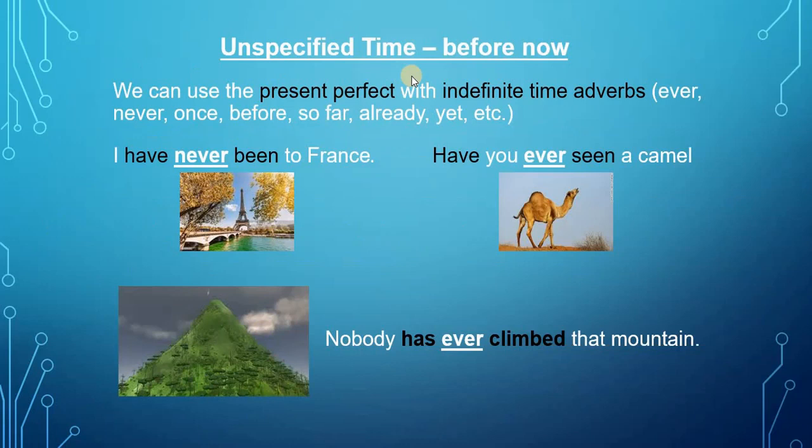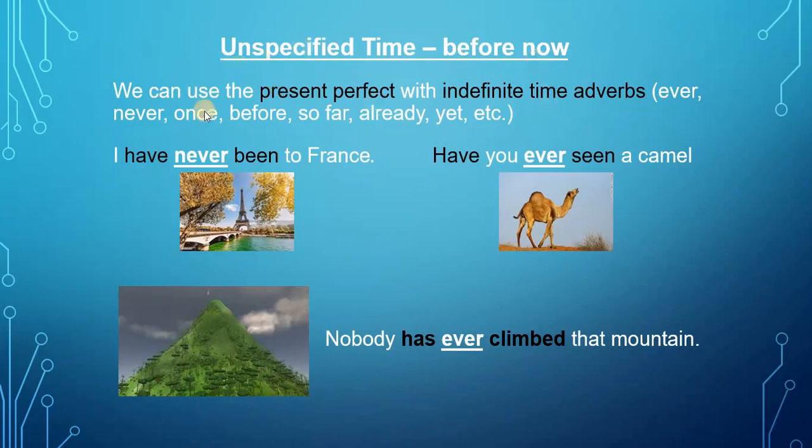Unspecified time before now. So, we use the present perfect to simply say something happened in the past, but we do not know exactly when. Alright?